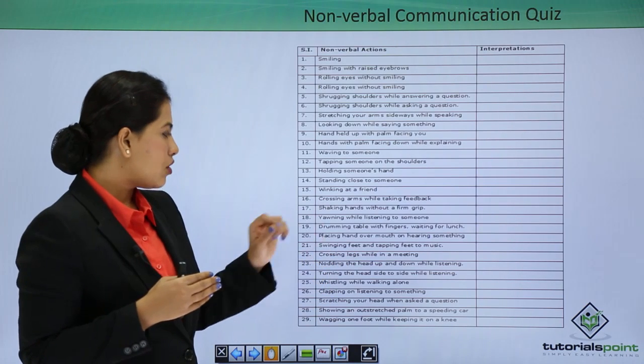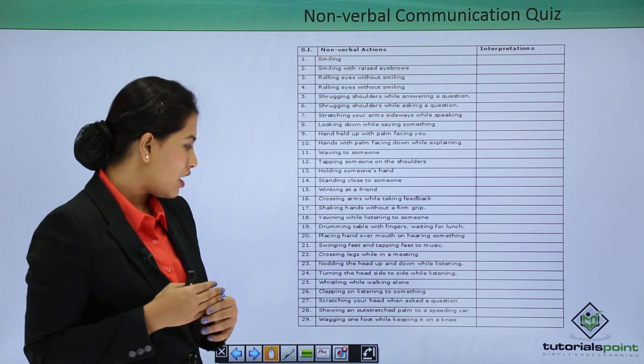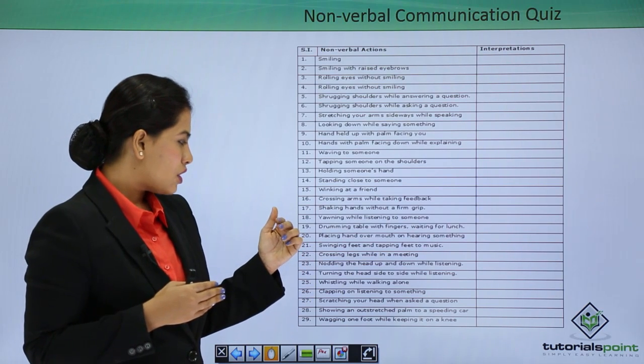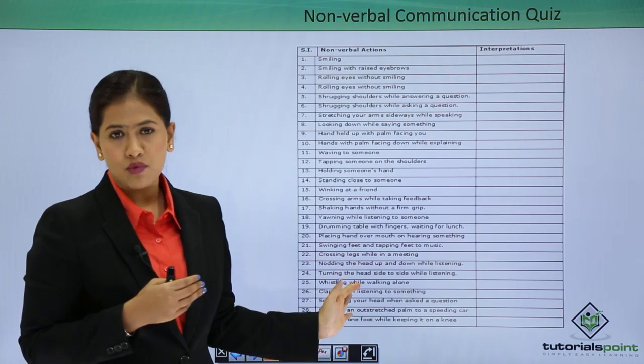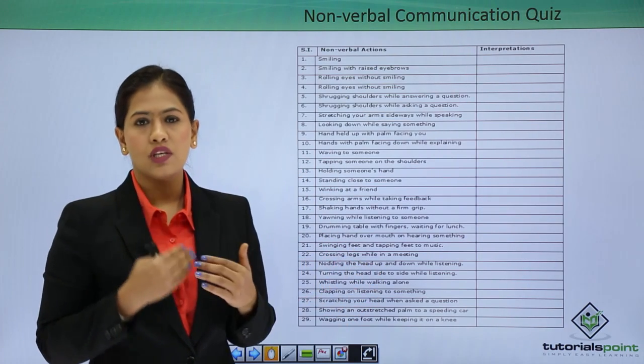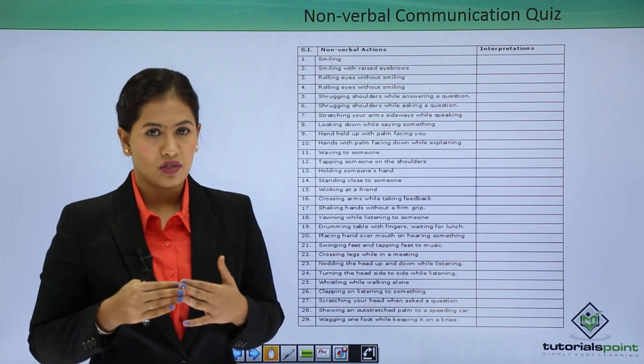So clapping on listening to somebody, showing an outstretched palm to a speeding car, wagging one foot while keeping it on the knee. More or less we end up doing one of these non-verbal communication actions, but context plays a very important role here.